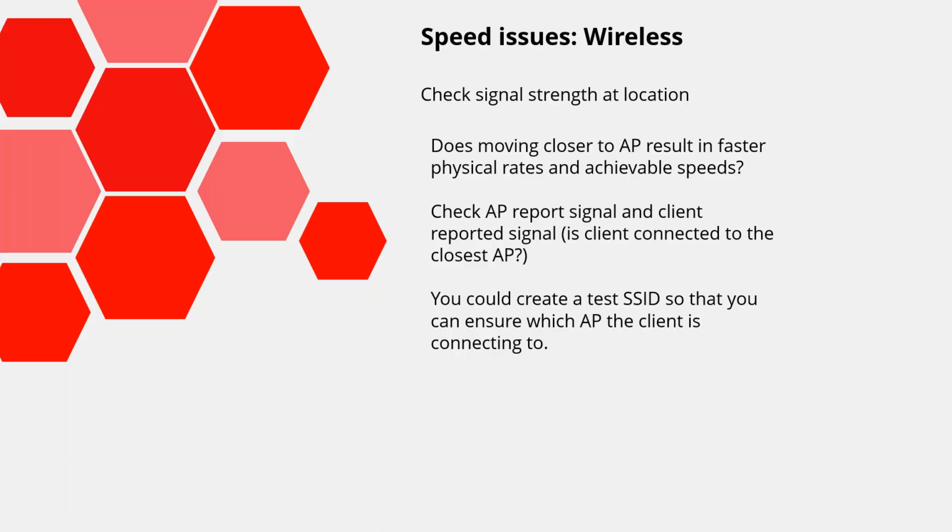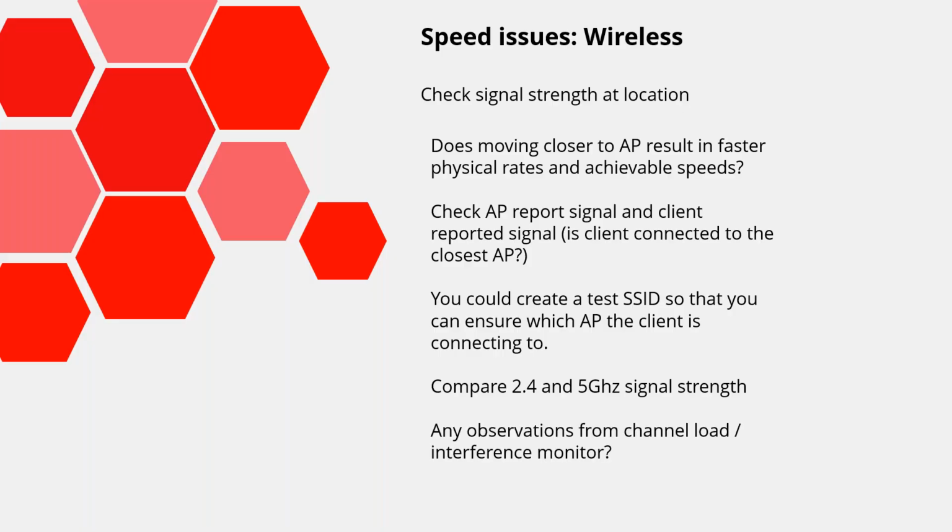Compare the 2.4 and 5 gigahertz signal strength and any observations from the channel load interference monitor. So all that may help you to troubleshoot and maybe fix the speed issues.